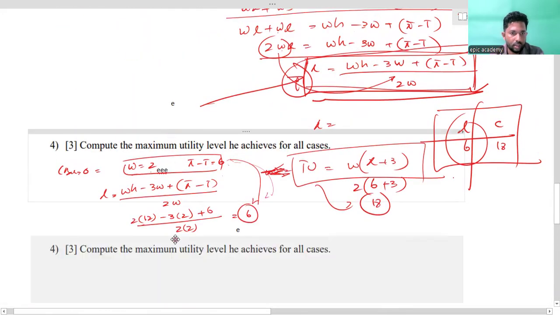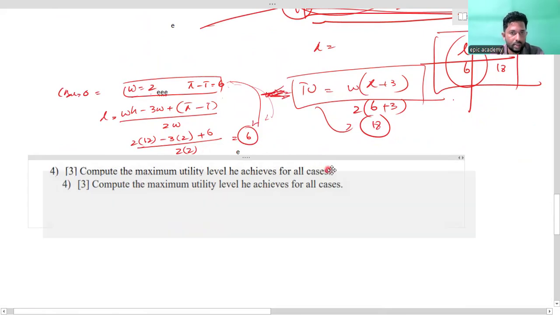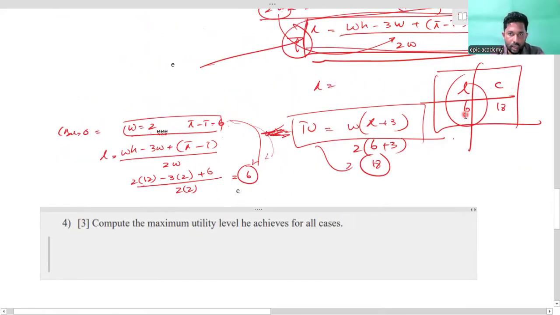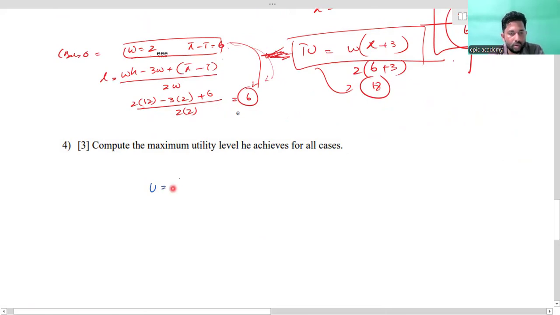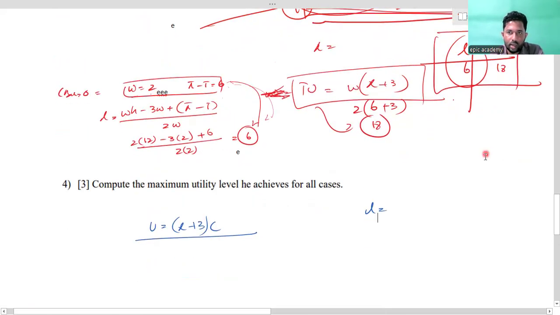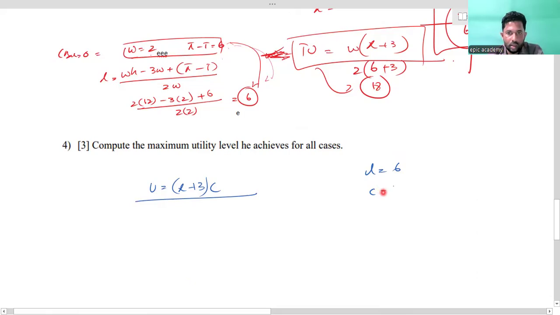For the first case, you calculate the value for L, it becomes 6, and the value for C becomes 18. The maximum utility equation is given as U equal to L plus 3 times C. So L is 6, plus 3 multiplied by 18.